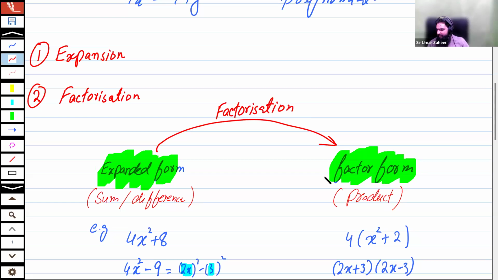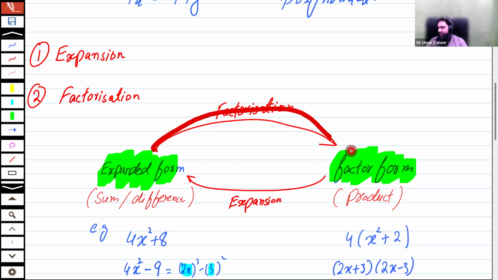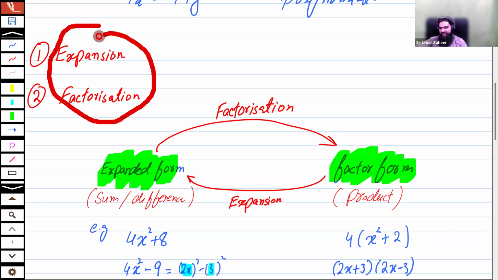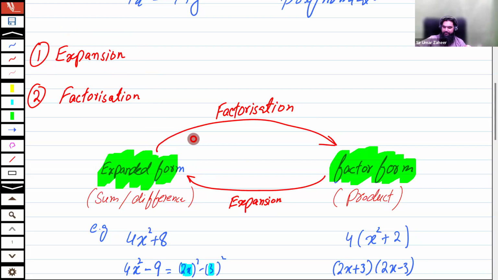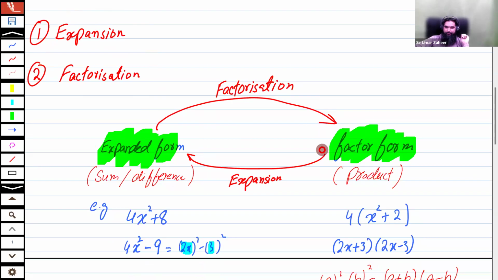And converting the values from the factor form to the expanded form is known as expansion. It is known as factorization and it is known as expansion. Any question? What is expansion? What is factorization? What is the expanded form? And what is the factor form?